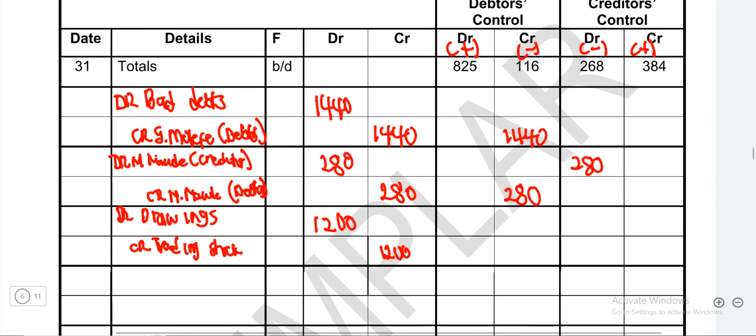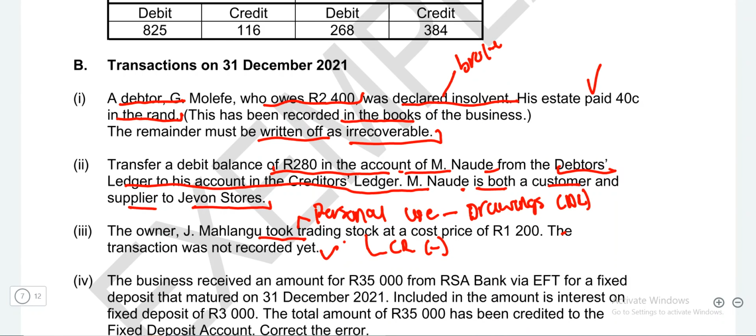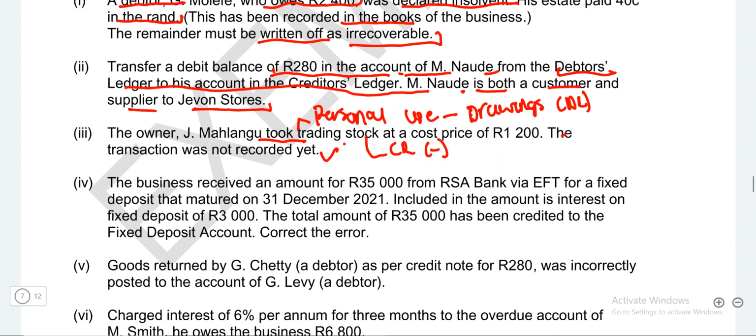Okay, and then from there, this is what we need to check. The next transaction says that the business received an amount of 35,000 from RSA Bank via EFT for a fixed deposit that matured on 31 December 2021. Very important. So a fixed deposit has matured, but we received 35,000 from the bank. They're saying that included in the amount is interest on the fixed deposit of 3,300.